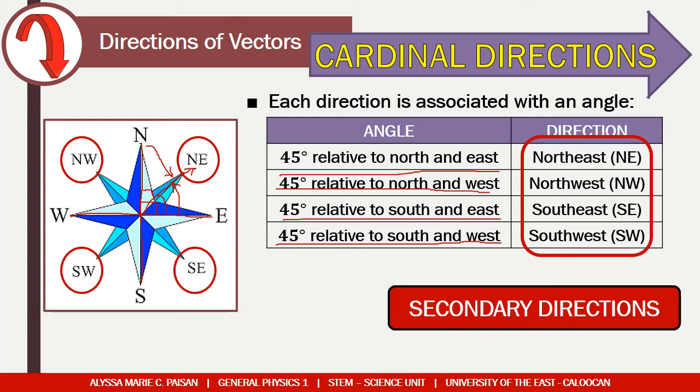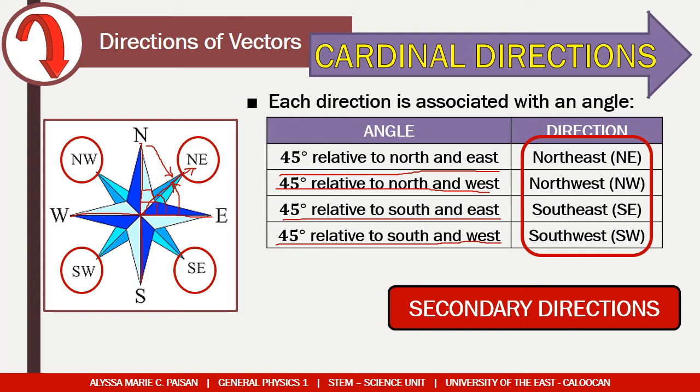So 45 degrees relative to north and east means that, diba, this one forms 90 degrees. If you put together north and east, it will form 90 degrees. And then when you divide the angle, 90, equally, you will get two 45-degree angles here and here.